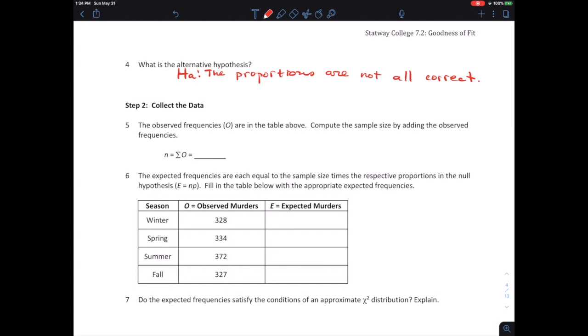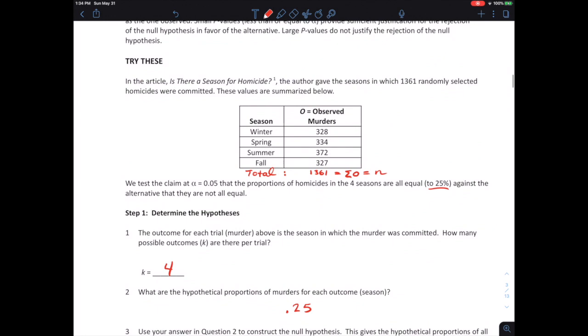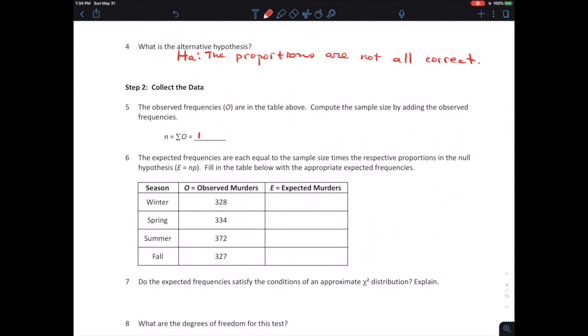So we've already done the sample size, which was the sum of the observed frequencies. This was the 1,361 here that was given to us. So we can put that in here. Okay. Now just remember the expected frequencies are all n times p.